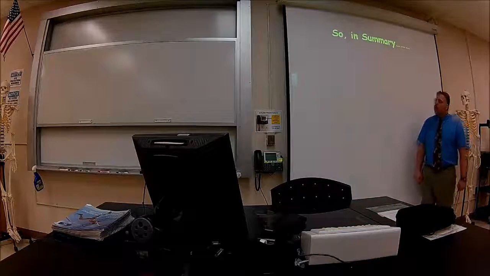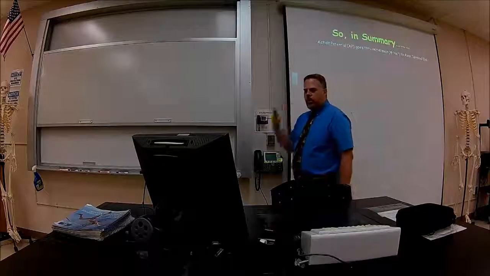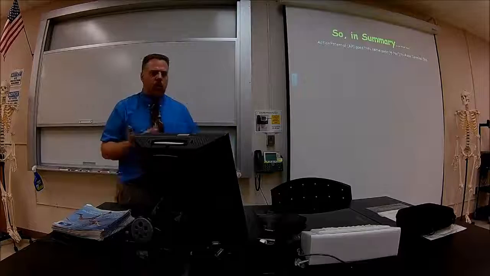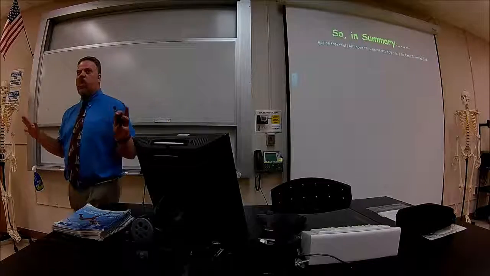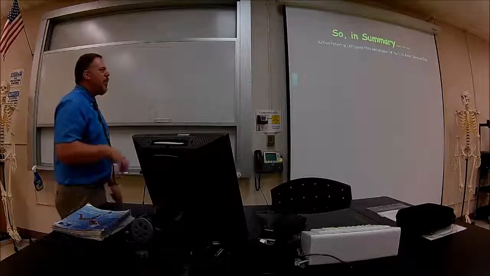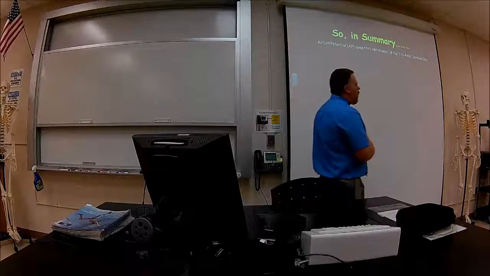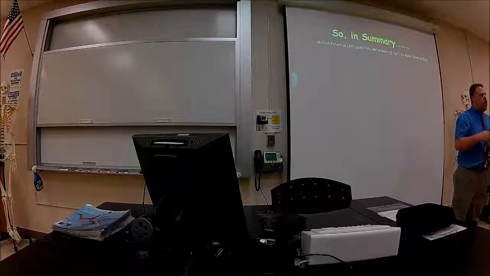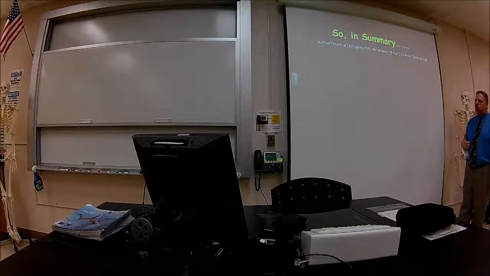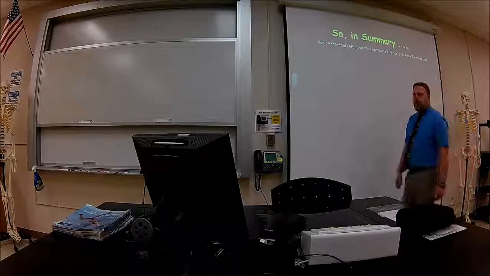So, in summary, just so you hear it again, if I'm spending that much time on this, there's going to be questions on the test. An action potential goes through the nerve axon. Sodium goes in, potassium goes out, until it reaches its axon terminal end.